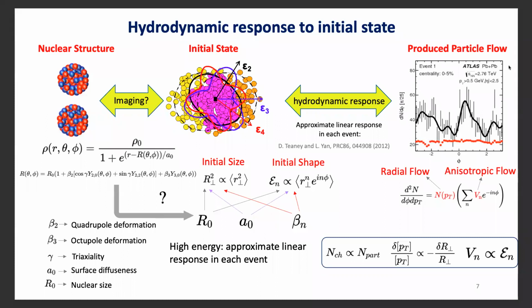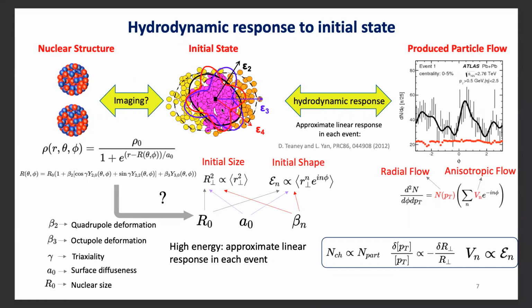Actually, from the initial state to the final state, there is a very good linear relationship between N part and N charge, and also the mean pT and size fluctuation, and transverse entropy flow and eccentricity. This initial state can fluctuate. It has an eccentricity fluctuation. It also has a size fluctuation.